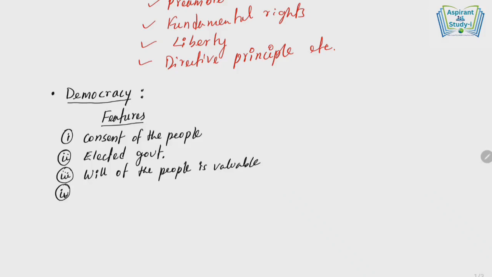Government is accountable towards the people. And people are the masters in the constitution with democracy. So here people are the masters.